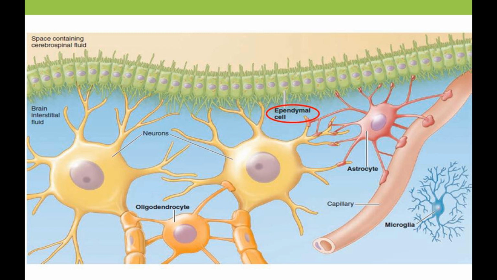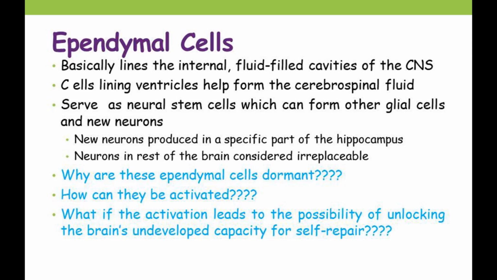The next cell is the ependymal cell. As you can see in the figure, the ependymal cells line the nervous tissue, and it looks somewhat similar to the epithelial tissues. So it basically lines internal fluid-filled cavities of the central nervous system, and the cells lining the ventricles help form the cerebrospinal fluid, and serve as neural stem cells which can form other glial cells and new neurons.